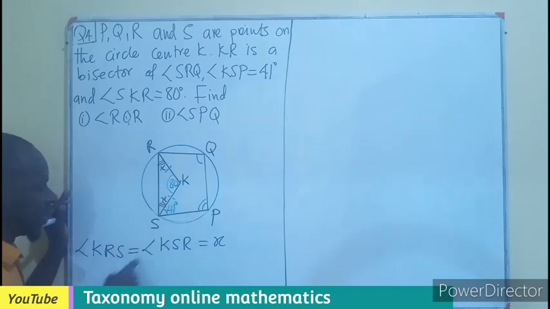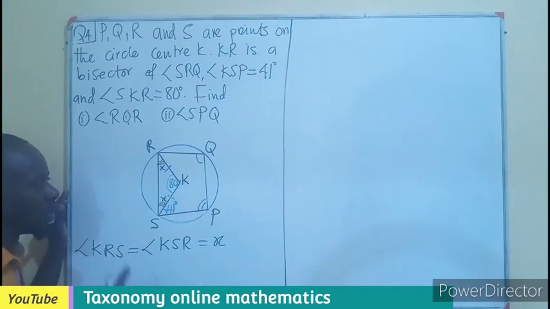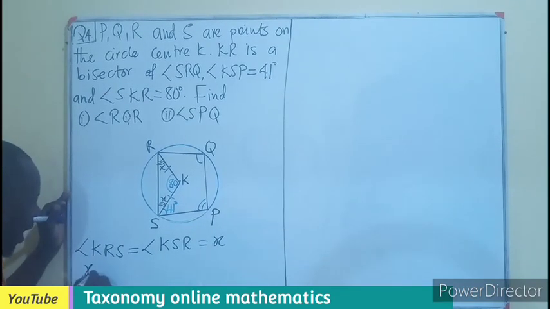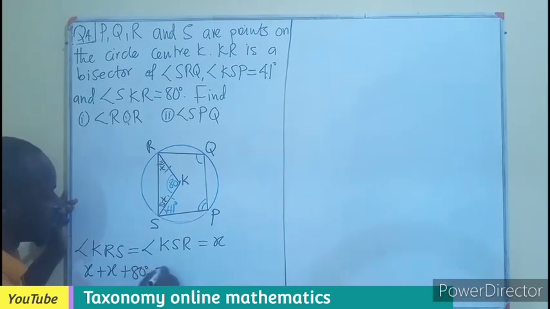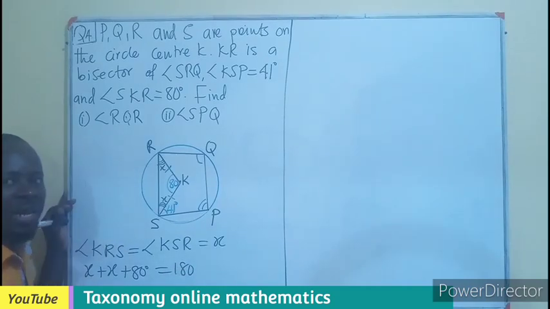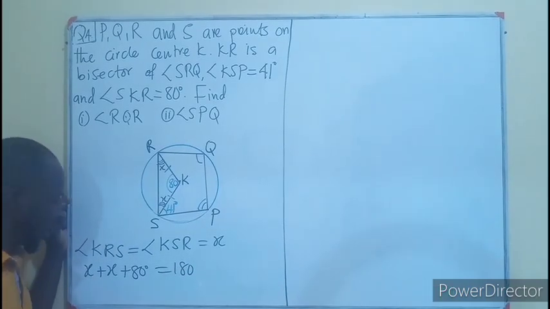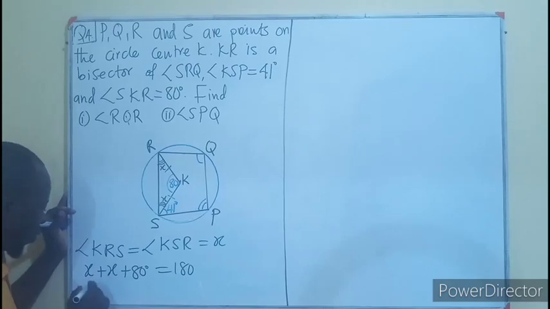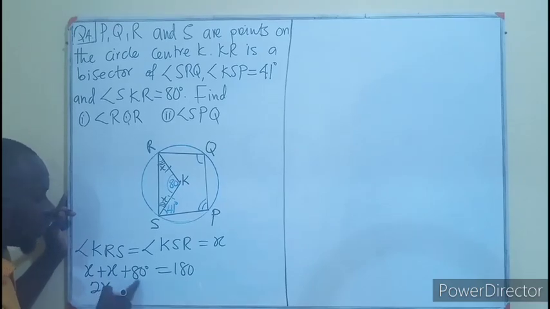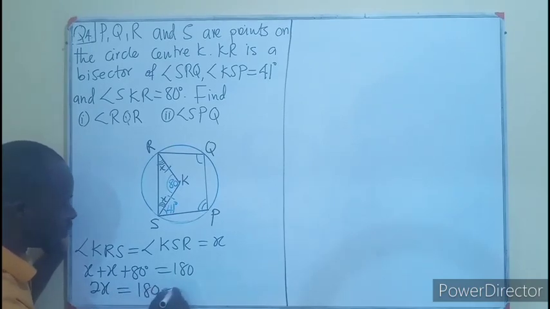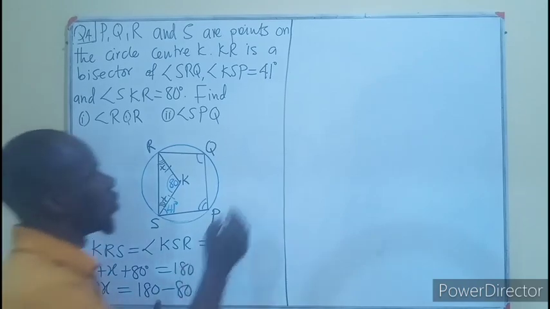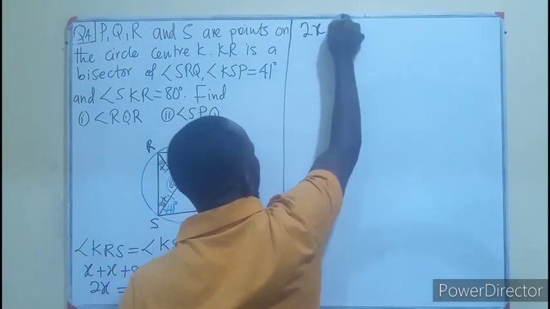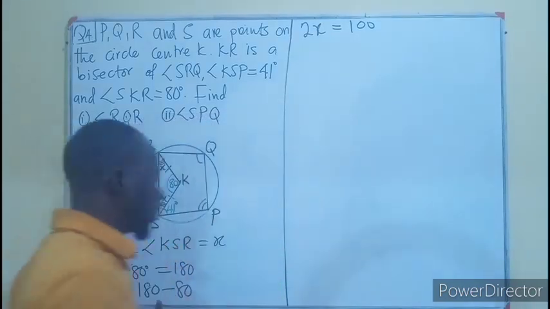Now we know that the sum of angles in a triangle add up to 180. Therefore, x plus x plus the 80 degrees gives 180. So 2x plus 80 equals 180. Subtracting 80 from both sides, 180 minus 80, your 2x is equal to 100.